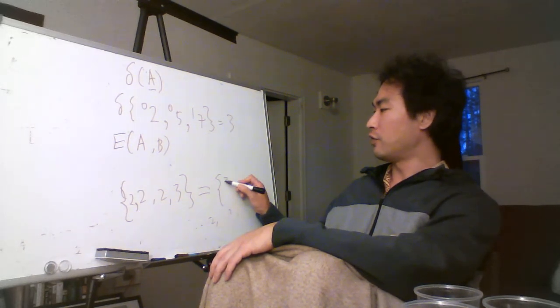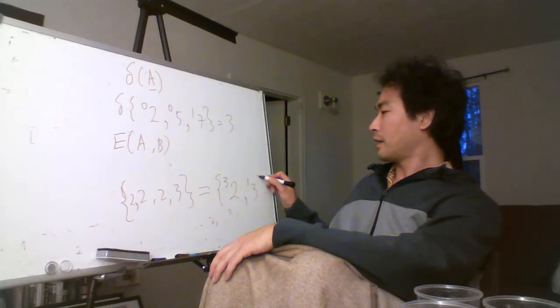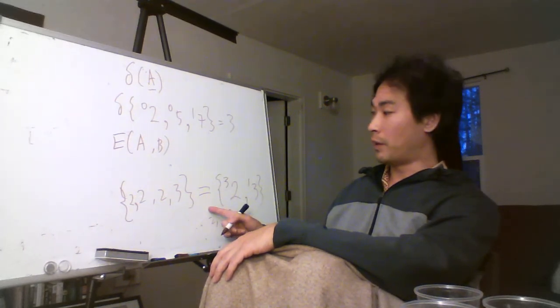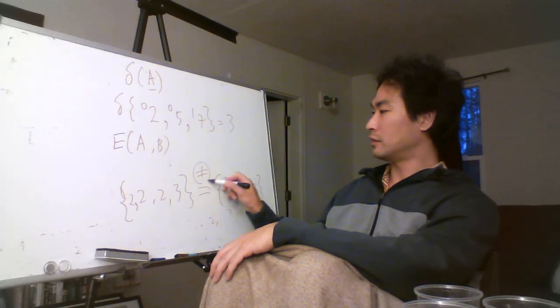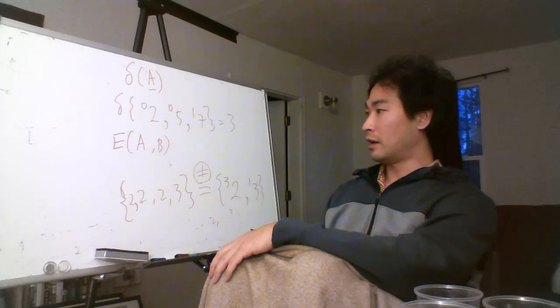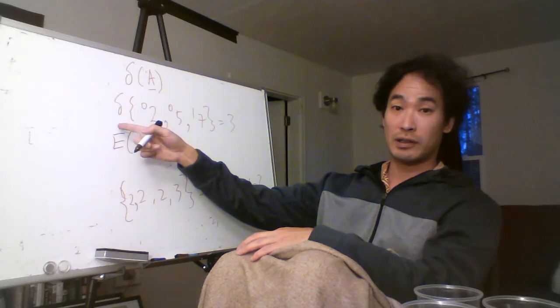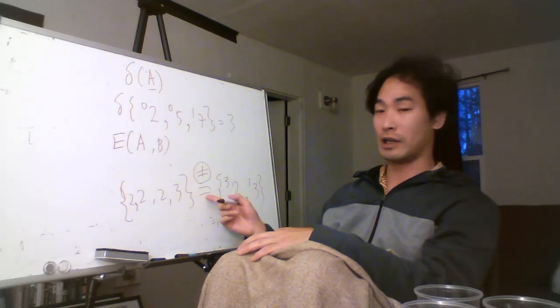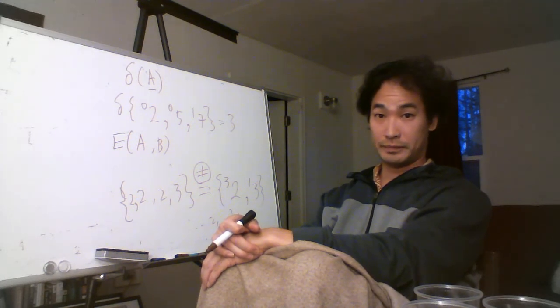There are 3 2's, 1, 3, right? Mathematically equivalent, but morphologically they are different. And expansion function and delta function, they are morphological functions. So morphology matters actually. The way it looks, it does matter.